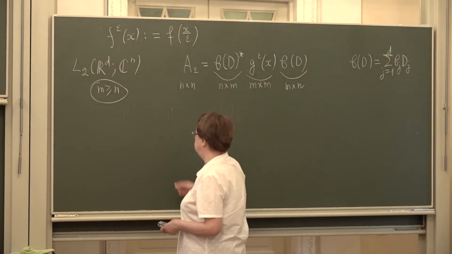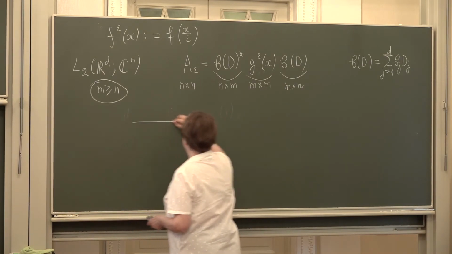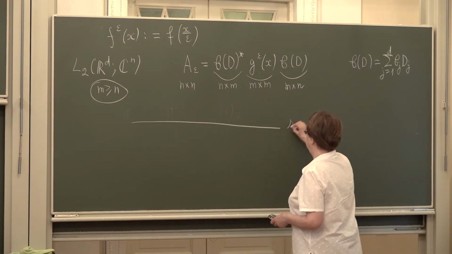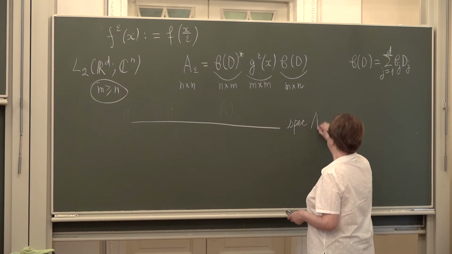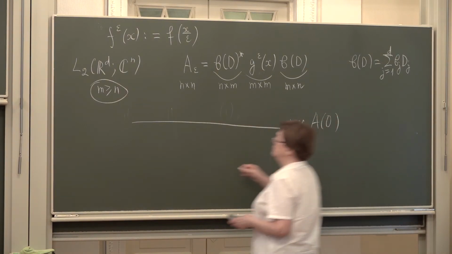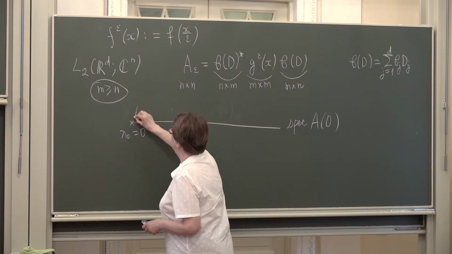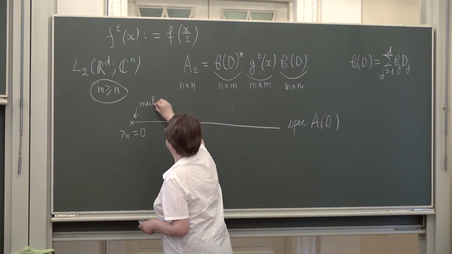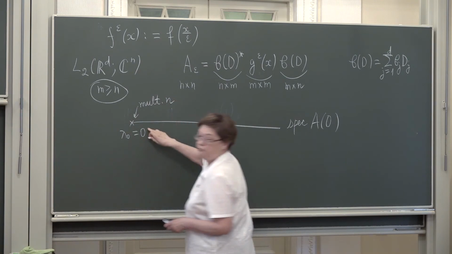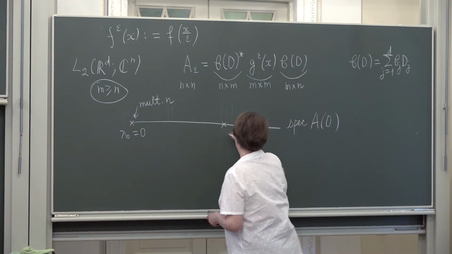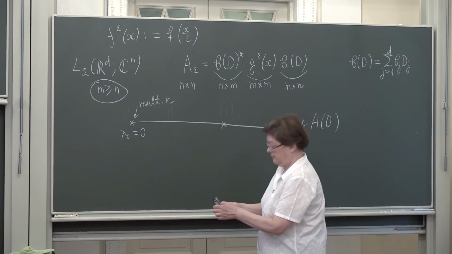It is n-dimensional. So let it be the spectrum of the unperturbed operator. The point 0 is an isolated eigenvalue of multiplicity n. And then we have other eigenvalues.